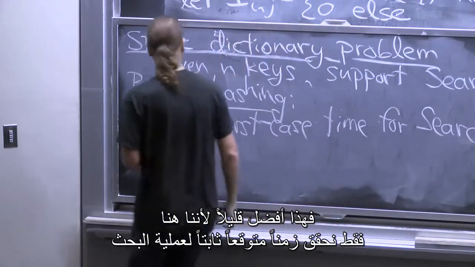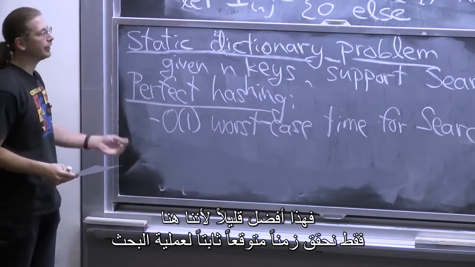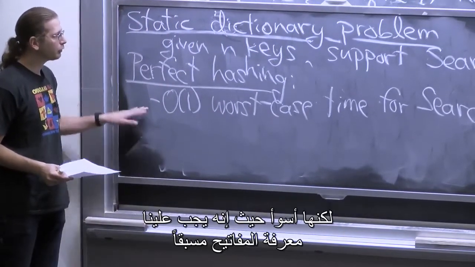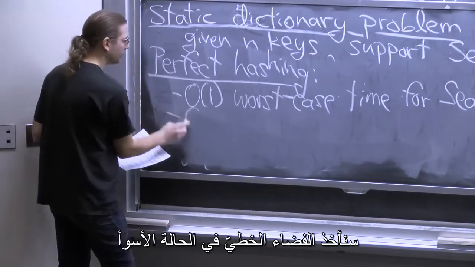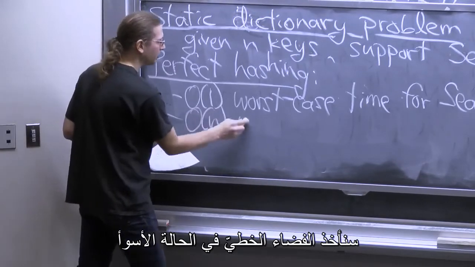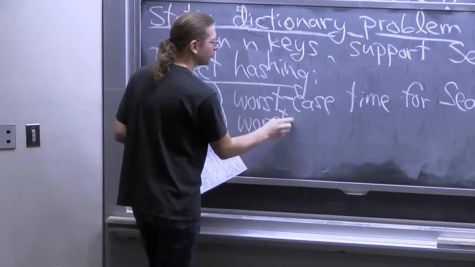So that's a little better because here we're just doing constant expected time for search. But it's worse in that we have to know the keys in advance. We're going to take linear space in the worst case.